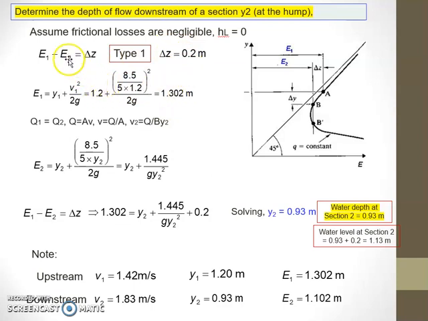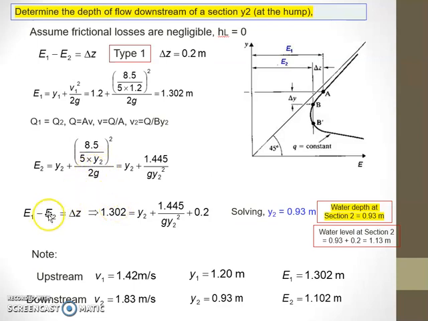For E2, take out the equation, Y2 plus V2 squared over 2g. V2 represents Q over B Y2, so Y2 is your unknown.